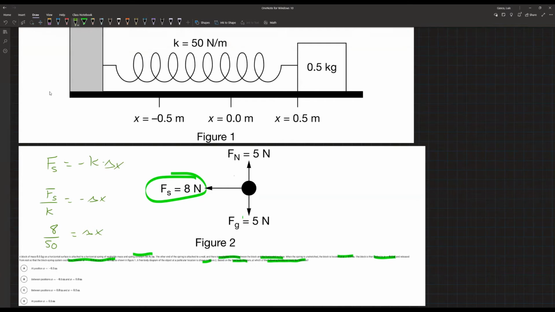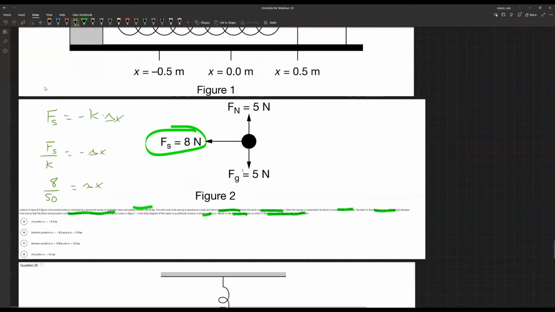I'm trying to estimate it. About 0.15? No. 8 divided by 50 is 0.16 actually, smack dab. I should not have hesitated there. So it is at a displacement of about 0.16.